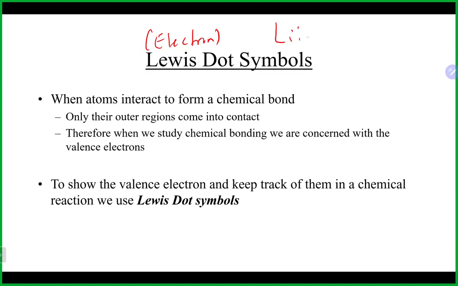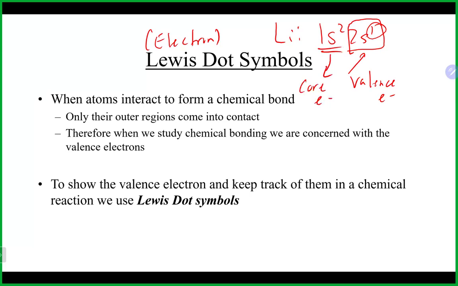Take lithium, 1s2 2s1: we have outer electrons, which are valence electrons, and lithium has one valence electron. Then we have core electrons, which are closer to the nucleus and not involved in bonding. Only the valence electrons are involved in bonding.